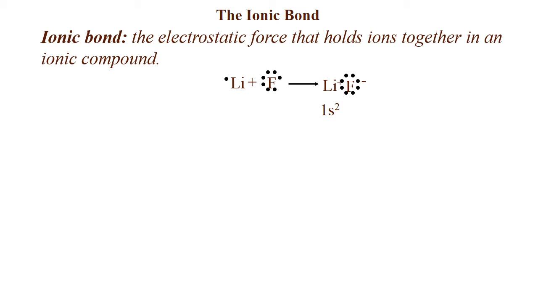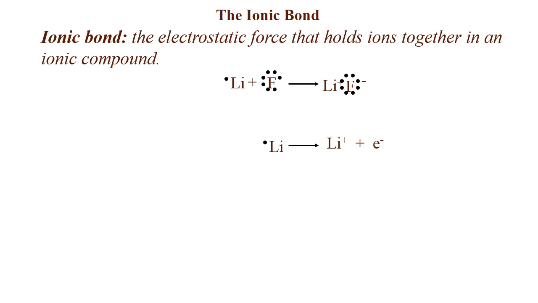Here we have 1s2, 2s1. Here we had 1s2, 2s2, 2p5. Now we have 1s2 configuration for Li plus, which is helium, noble gas configuration. And then we have 1s2, 2s2, 2p6, which is neon electron configuration.